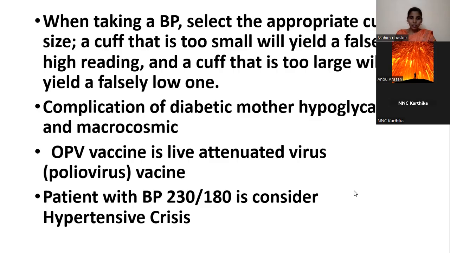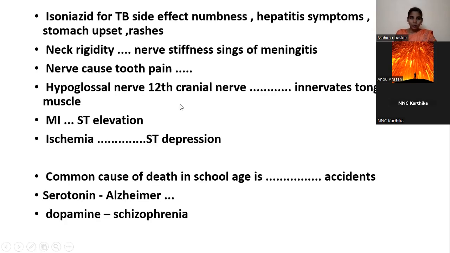Okay, next one. Isoniazid, TB side effects. For tuberculosis patients, the main drug we give is isoniazid. So what side effects will it cause? Numbness, hepatitis symptoms, stomach upset, rashes. The numbness is because isoniazid patients have peripheral neuropathy.